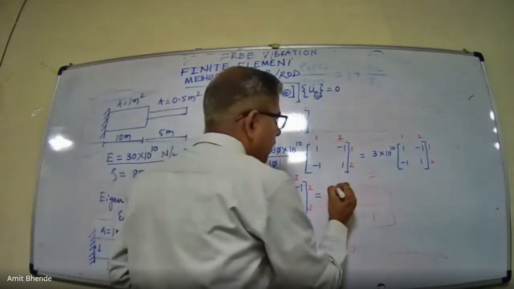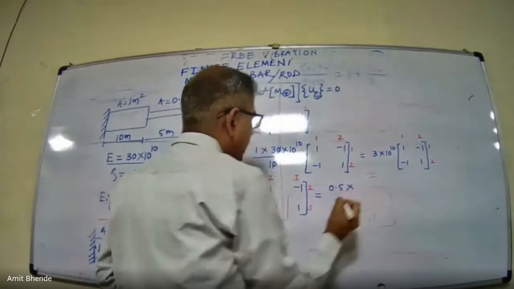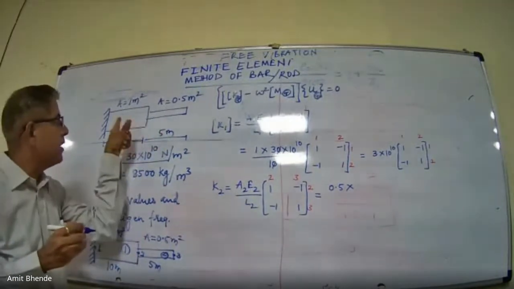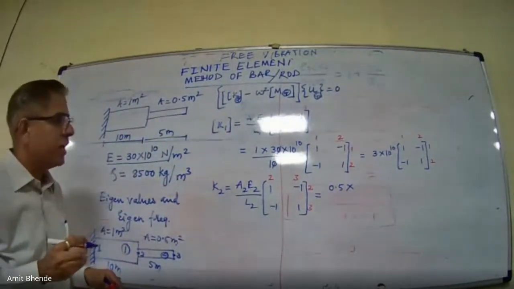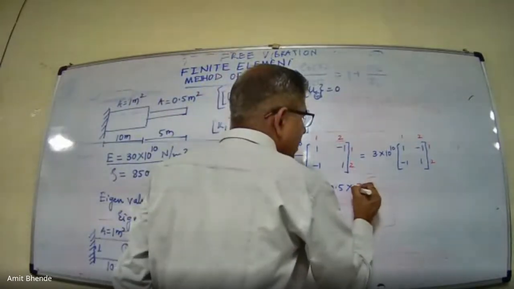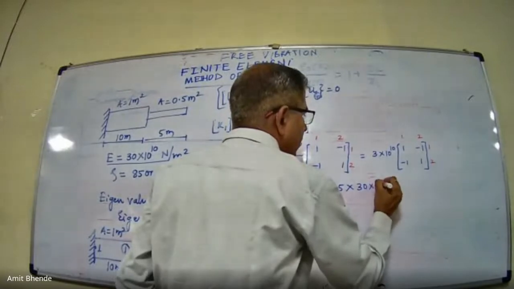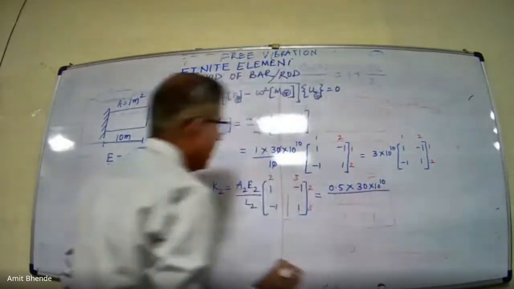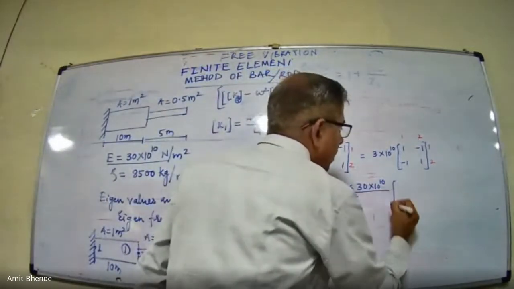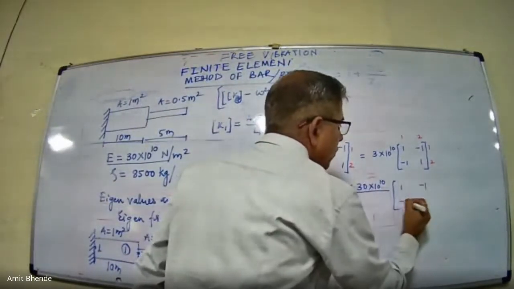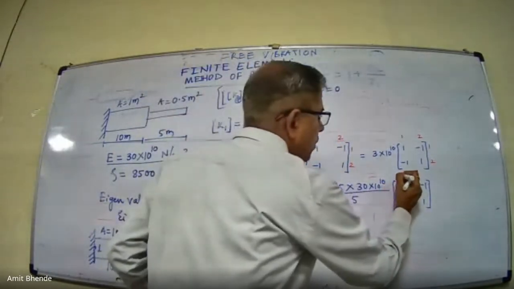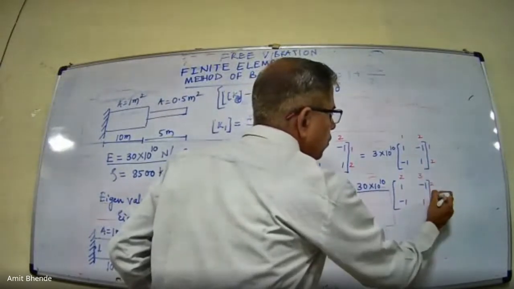Area is 0.5 meter square into E. E is same because both the elements are made up of same material. So the Young's modulus is same, that is 30 into 10 to the power 10. This is divided by length of the second member, which is 5 meters. This is [1 -1; -1 1], and this is for node number 2, 3, 2, 3.